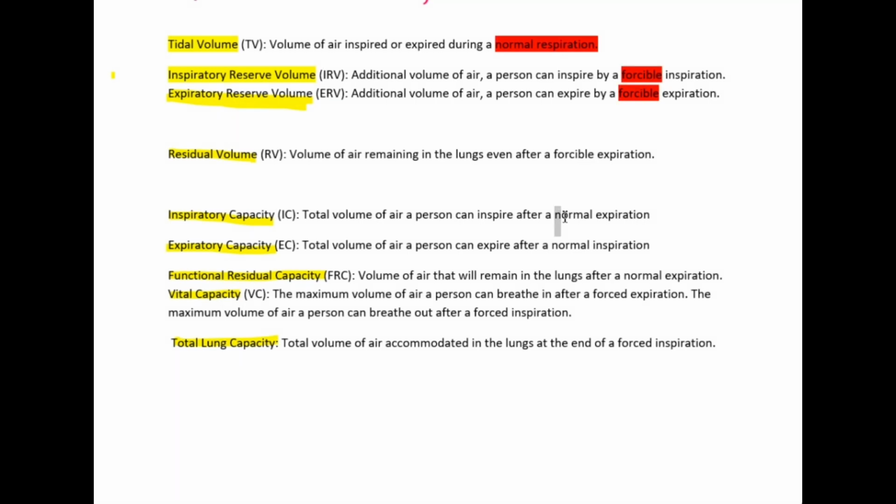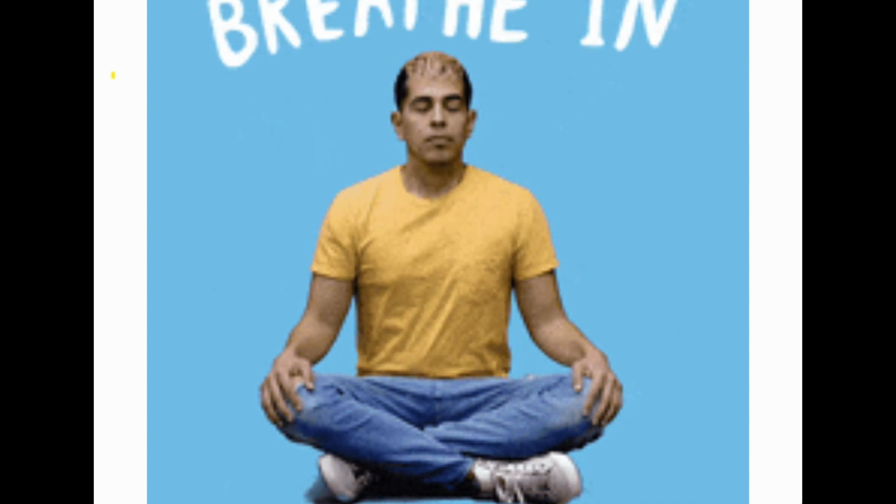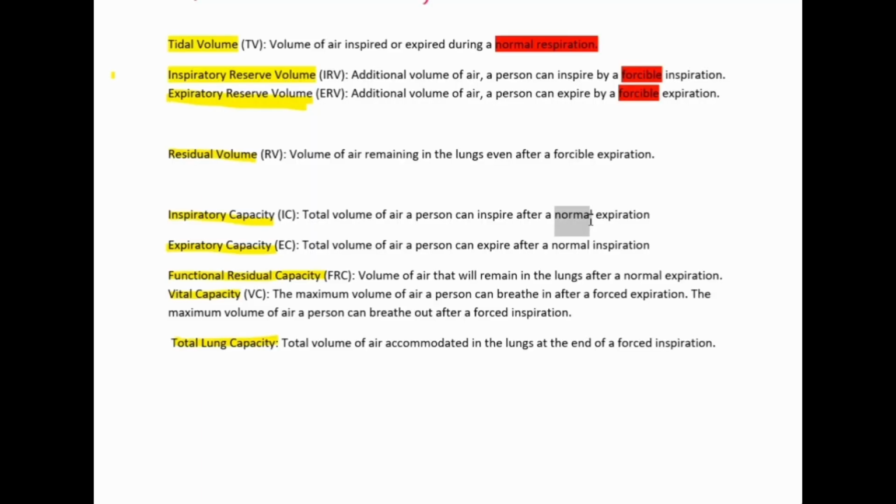And then coming to the residual volume, which is a vital volume, okay? This residual volume is the volume that remains in the lungs. What is the meaning of residual? The volume that is remaining. The very term residual means a remaining volume. So this residual volume is the volume of air that remains in the lungs even after a forceful expiration.